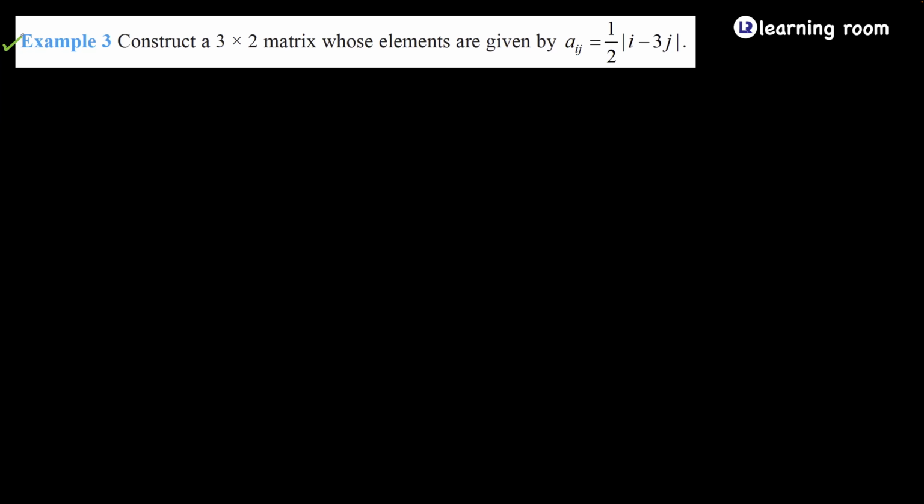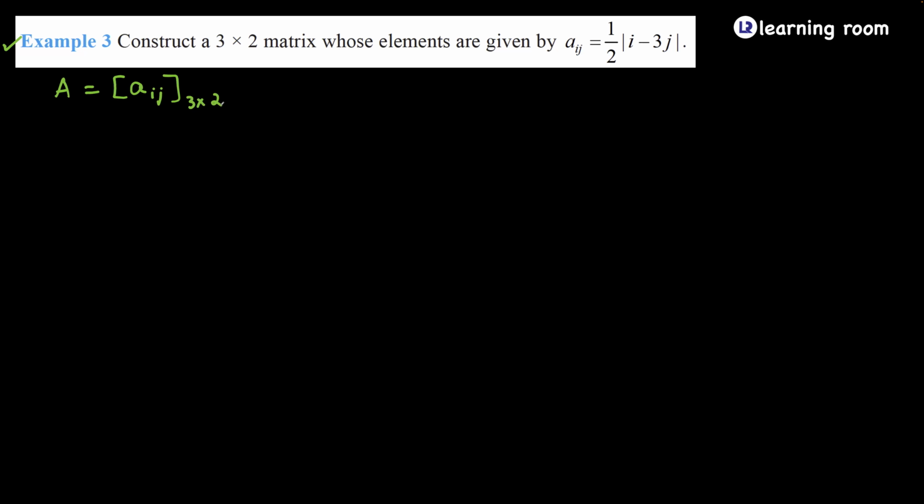So in example number 3, we need to construct a 3 cross 2 matrix whose elements are given by Aij equal to half of modulus of i minus 3j. So what are we expected to construct? We are supposed to construct a matrix A which contains the elements Aij and is of order 3 cross 2.